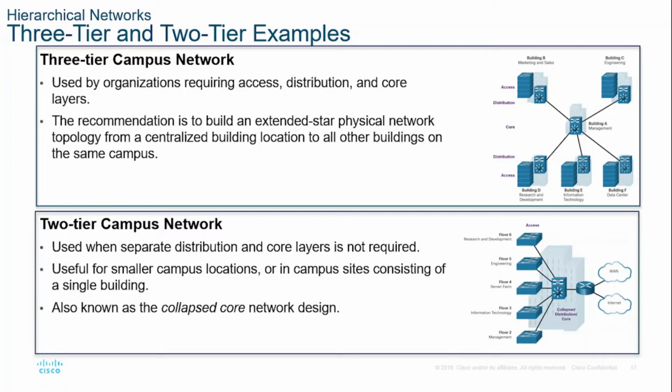In this design, one router is connected to the internet, and next is the multi-layer switch, and then from the multi-layer switch it goes to the access layer switch, where all the users are connected. So these are examples of the tier designs.